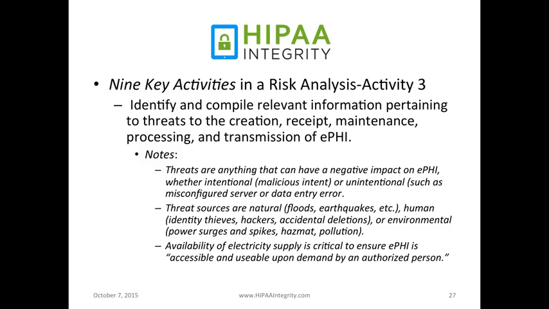Threat sources are natural, human, or environmental. And probably the most important thing, and I've stressed this in the books that I've written, the most critical thing you have to worry about with electronic systems is continual availability of electricity supply. This is critical to ensure that you meet those availability properties of the HIPAA Security Rule.